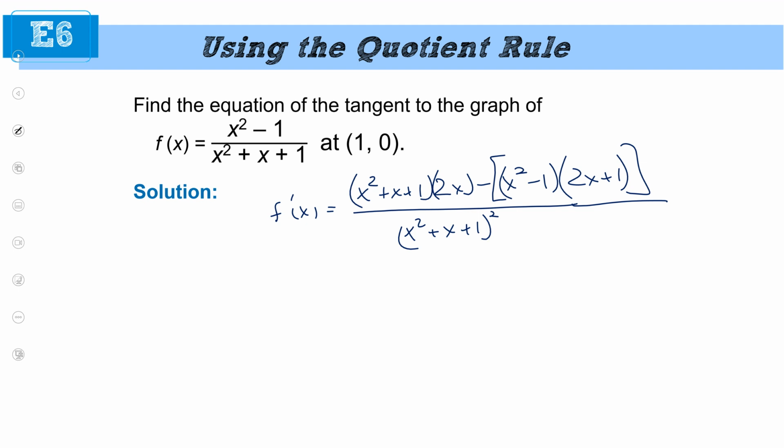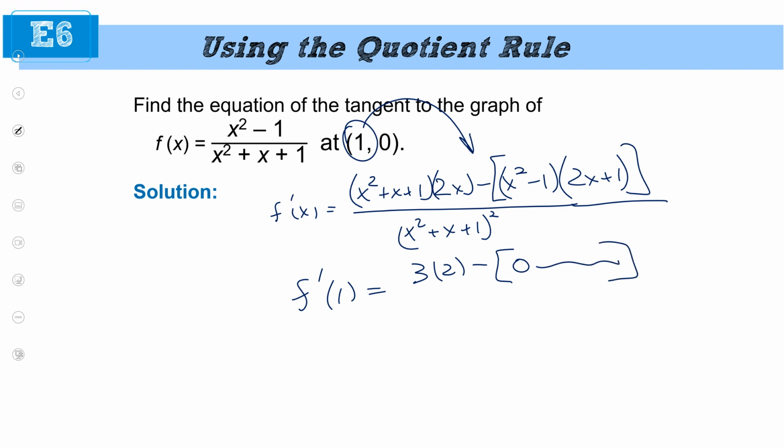Again, if I was going to ask you to find the derivative, I would expect you to simplify the numerator. But in this case, I don't care, because all I'm going to do is plug it in. F prime of 1. Notice notation changed. This is f prime of x. This is f prime of 1. 3 times 2 minus bracket 0. Who cares? That goes away. Divided by 9.